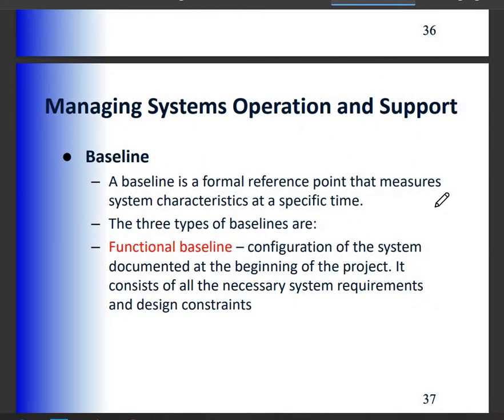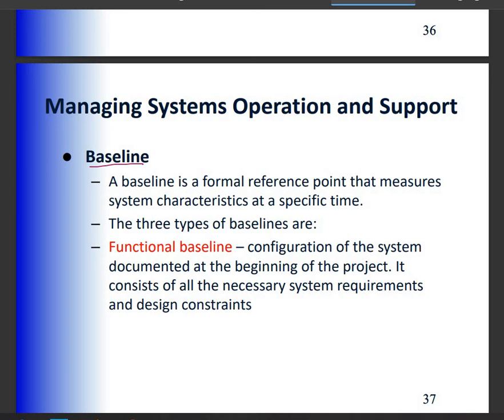Okay. Alright, so bila kita nak manage the system operation and support, kita akan ada satu baseline. Baseline ni ialah sebagai kayu ukur, sebagai satu benchmark. Okay, so nampak dekat sini, a baseline is a formal reference point that measures the system characteristics at a specific time.